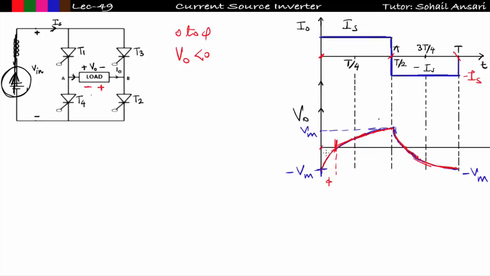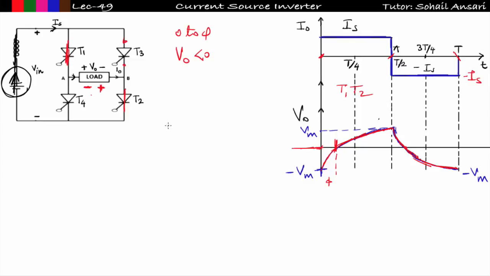And from 0 to phi, which thyristor is conducting? From 0 to pi, T1, T2 is conducting. Fine. So T1, T2 is conducting in this time, and from 0 to phi, the polarity of voltage across it is something like this. So see here, if T1 and T2 are conducting, I have to turn off thyristors T3 and T4 prior to 0.